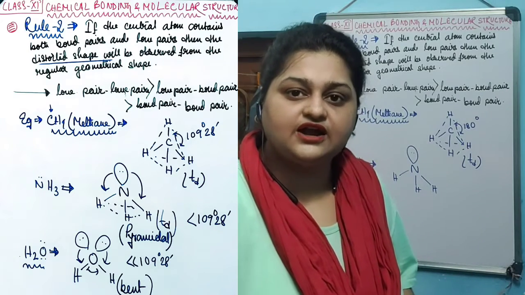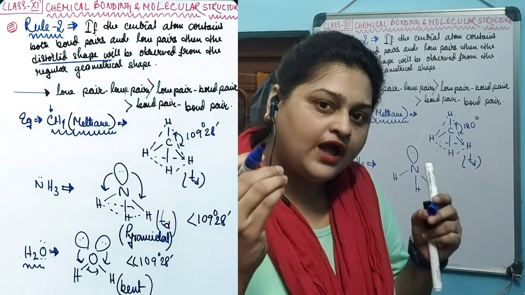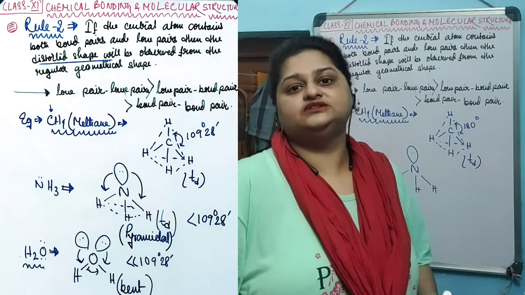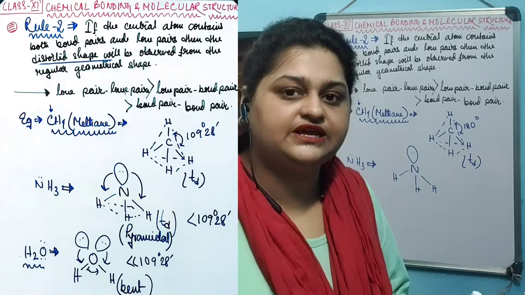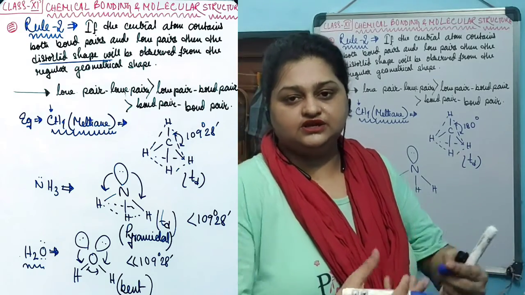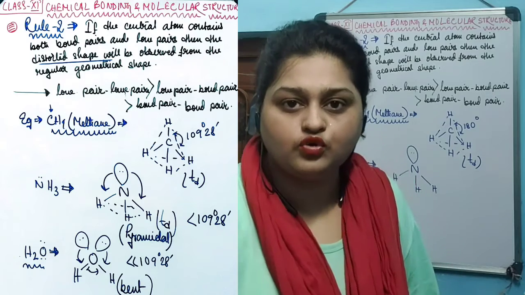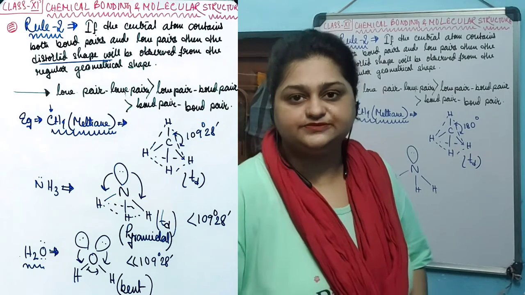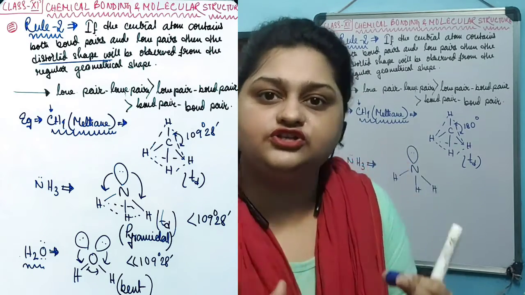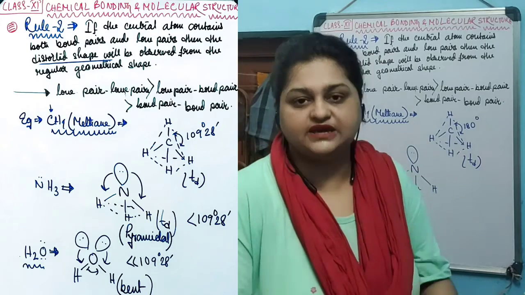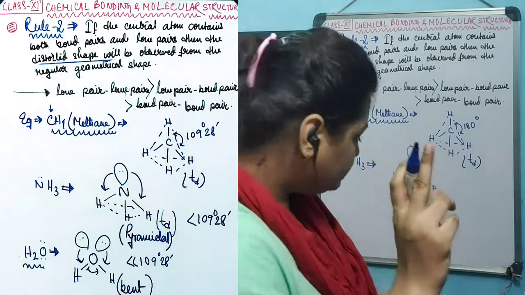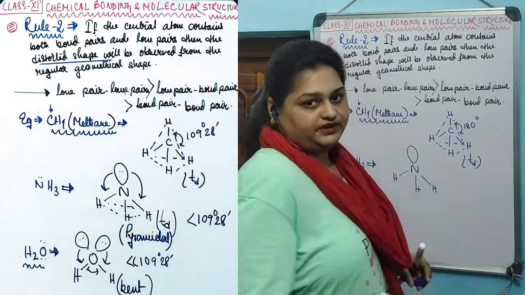The bond pairs are under the influence of 2 atoms. As they are under the influence of 2 atoms, the volume that they occupy in space is comparatively very small. That is not the case for lone pairs.